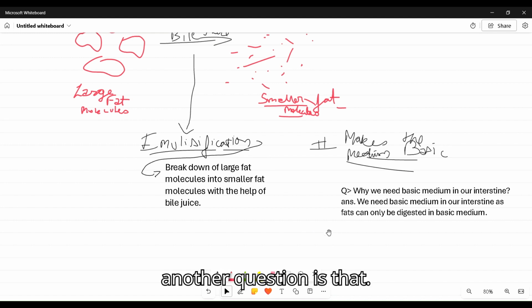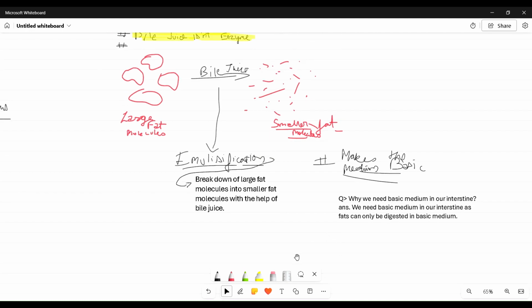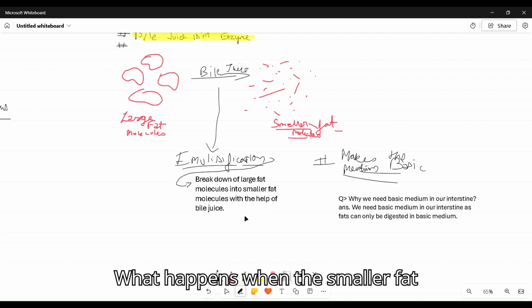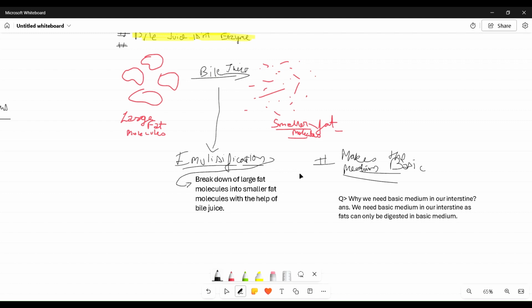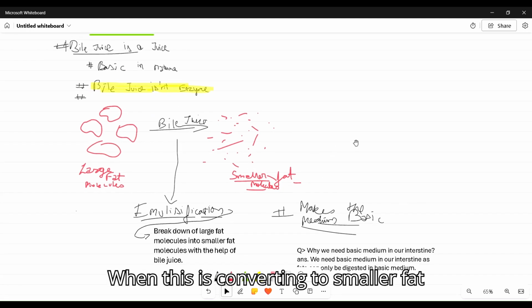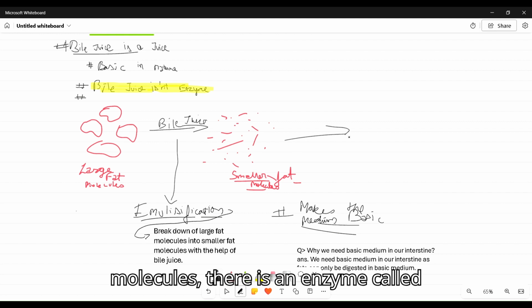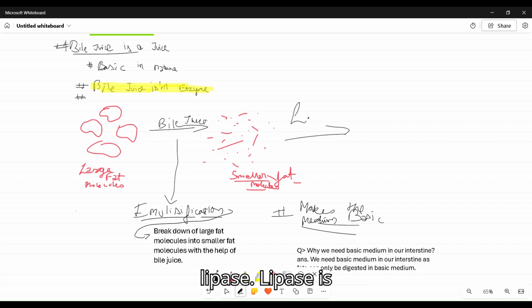Another question, let me write here: what happens when larger fat molecules are converted into smaller fat molecules? After this, there's an enzyme called lipase.